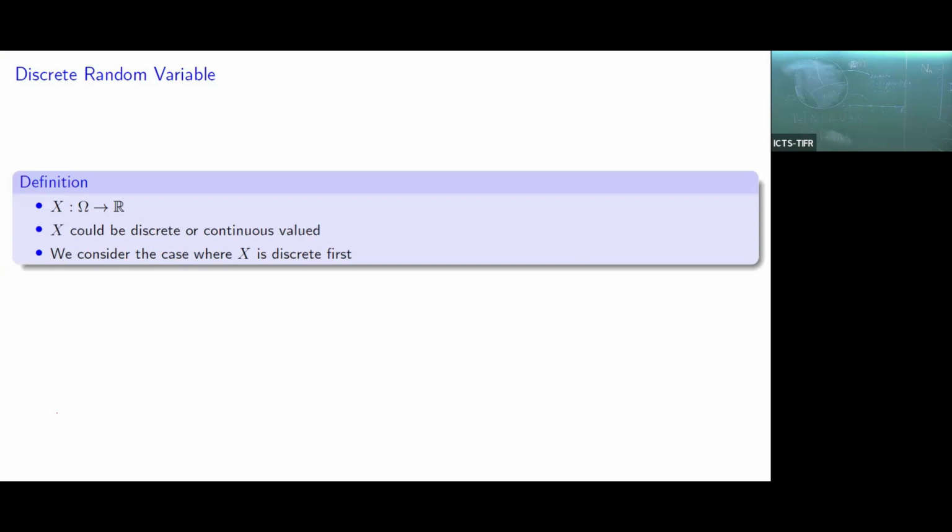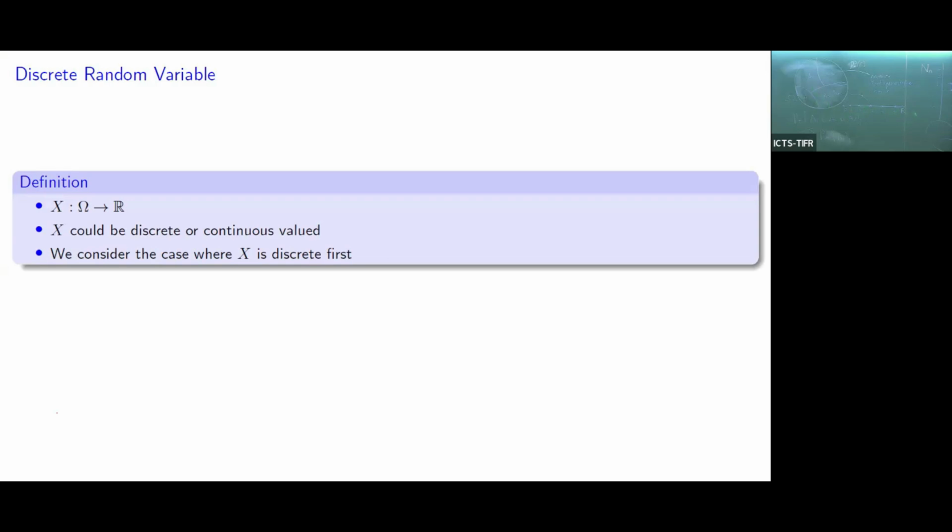Okay, so the discreteness arises from the fact that you have discrete values here. On the other hand, if the number that it maps to can be any real number, you call it a continuous random variable. Okay, and there are also combinations of discrete and continuous random variables. But basically, you just think about this function which maps the sample space onto the real line. That means it just assigns real numbers to it.